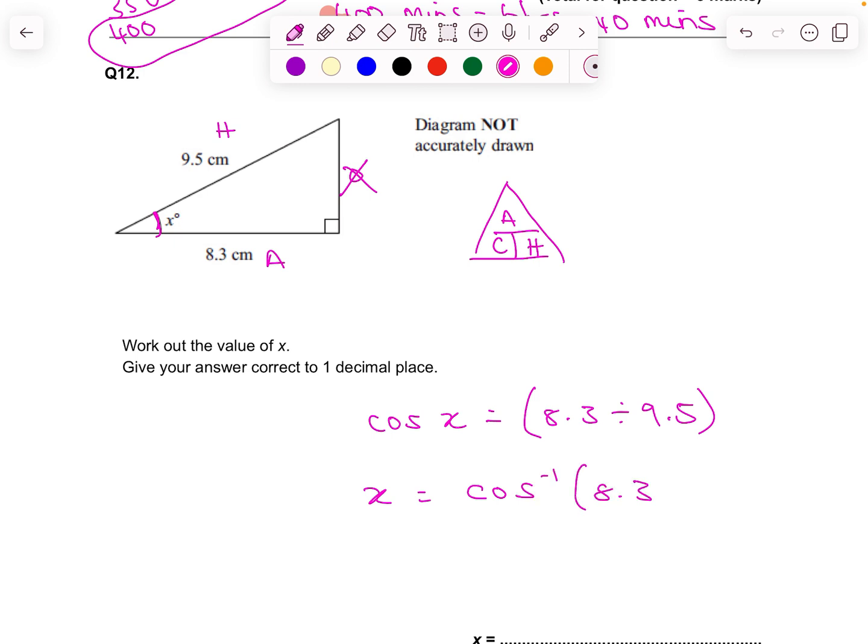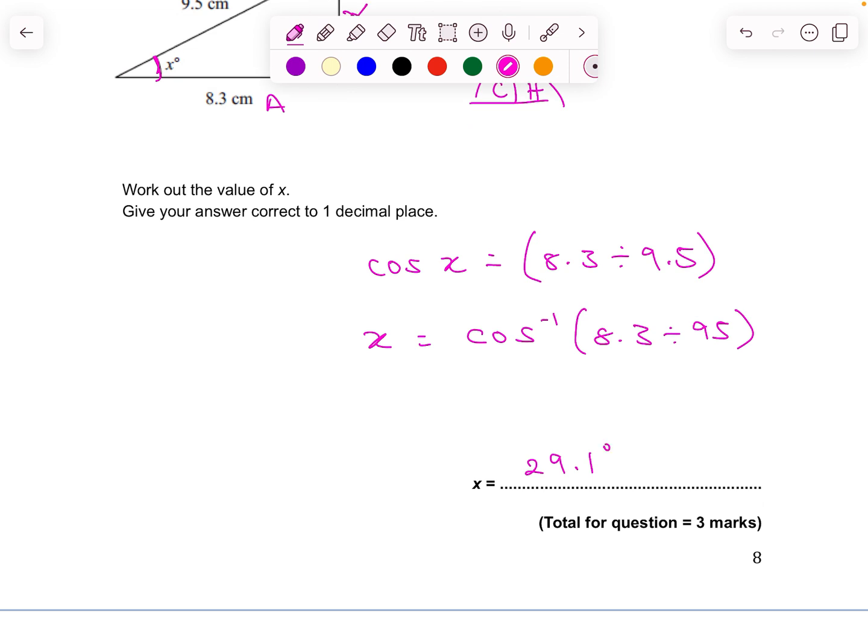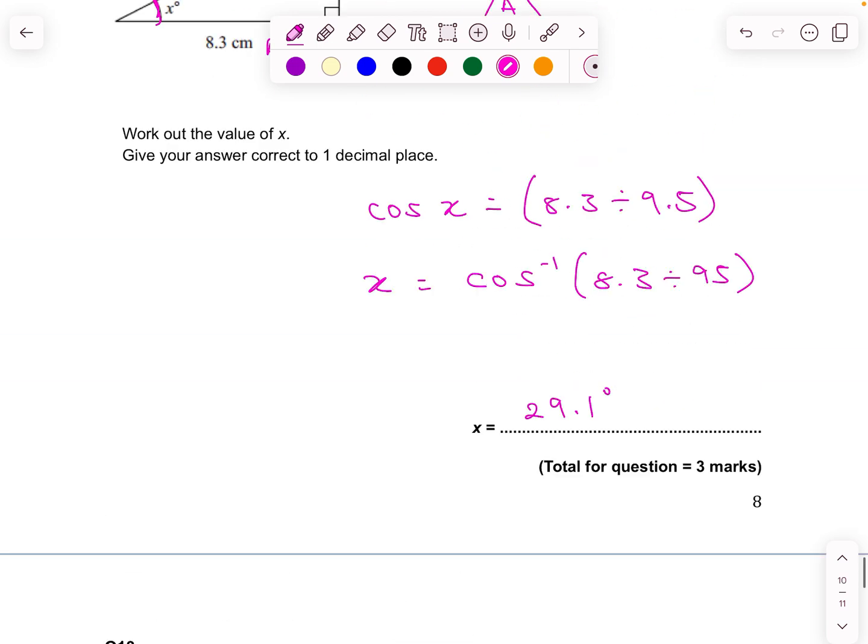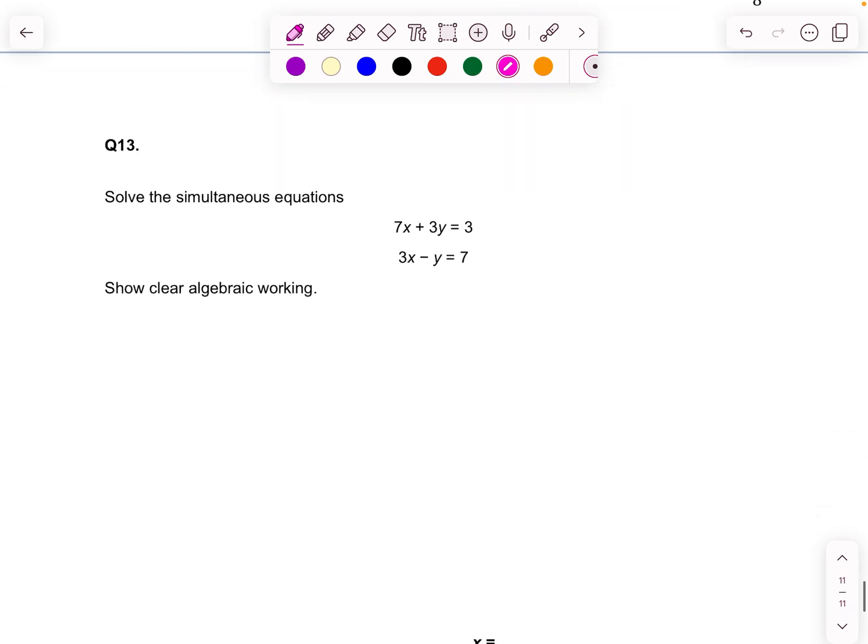And so I can just do this straight in the calculator like this. I do my inverse cos, and then in brackets I put 8.3 divided by 9.5. And that gives me 29.1 as an angle. And that's it. Also because it said to 1 decimal place.